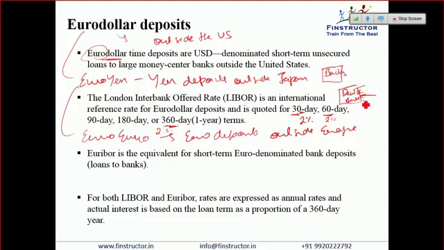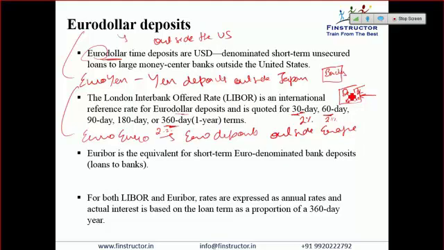So the London interbank offered rate is the rate that these banks outside the US are offering on euro-dollar deposits. That is, on dollar denominated deposits.